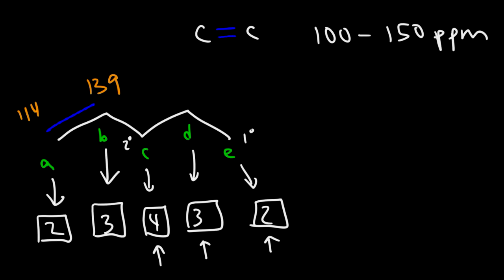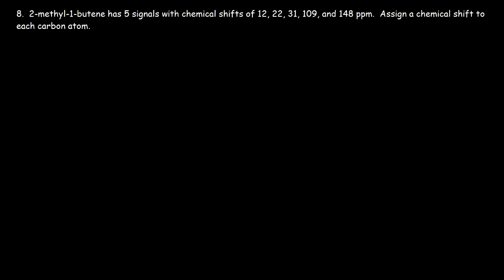Carbon C is going to have the highest chemical shift, 36. Carbon D is 22. Carbon E is 14. And so when dealing with alkenes, we don't see an unusual drop on the adjacent carbon. So we could use the score system to rank them. But for alkynes, watch out for it.